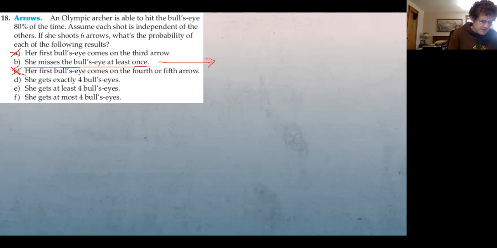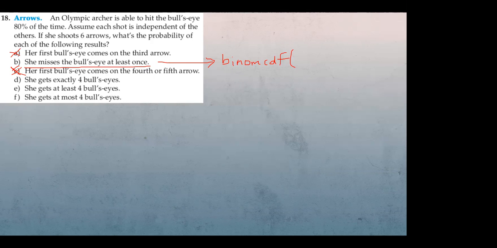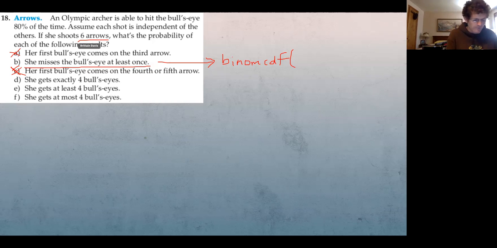But if I use binomial CDF, how many trials are we looking at? I'm sorry, I was saying 10. How many trials are we actually using here? 6. There we go. I assumed it was 10 arrows, and that's what I get for not reading before I start talking. So it's 6 trials.